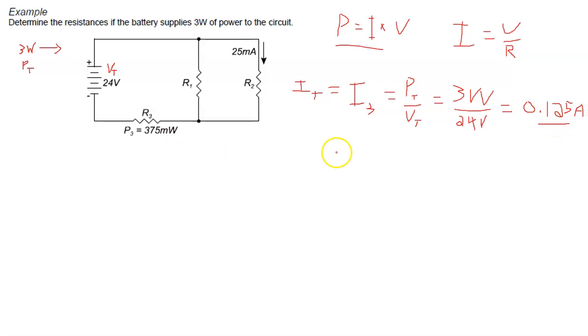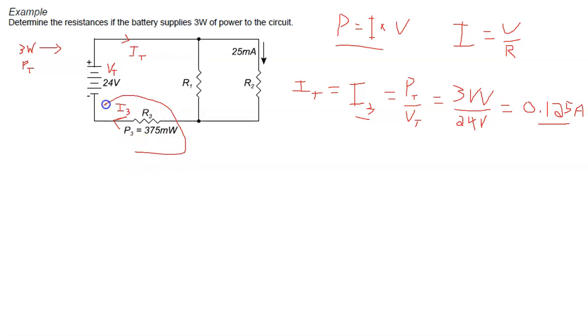Okay, so that is the current through resistor 3. And so remember now that we expect IT leaves the source at the top there, but it must go back to the source as well, and so therefore I3 is equal to IT.